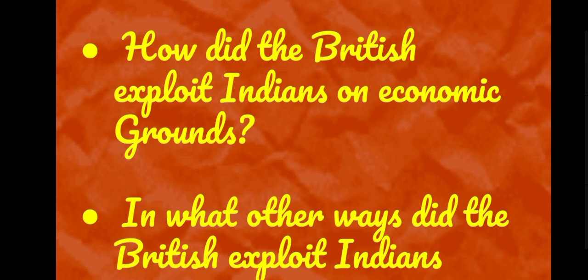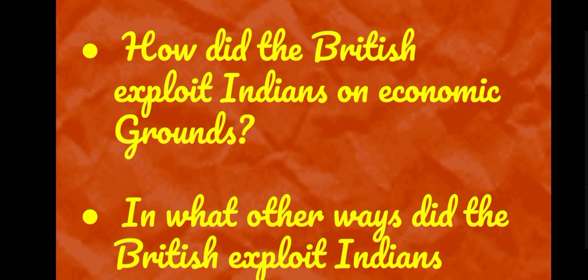How did the British exploit Indians on the economic grounds? The British took agricultural products from the Indian farmers as raw materials to manufacture goods in their own country and sold these goods in the Indian market. The Indian handicraft industries suffered as they could not compete with the factories that made British goods.